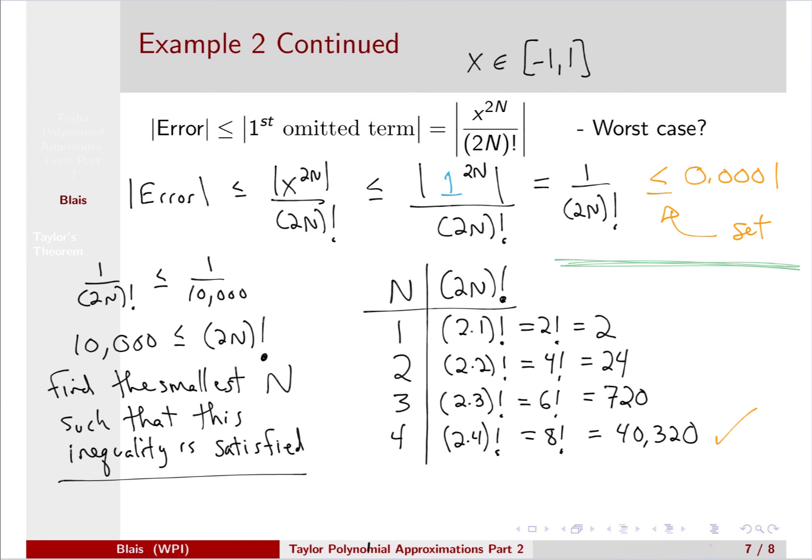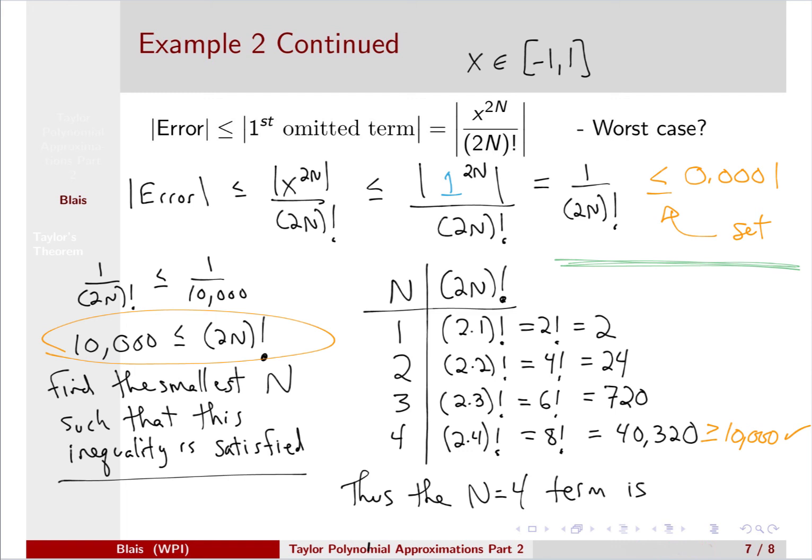So our first term to omit, and again, the reason why we have that is because this exceeds 10,000, which was our criteria here. Thus, the n equal 4 term is the first term to omit.